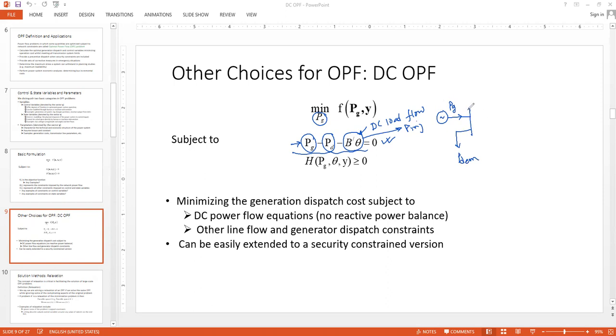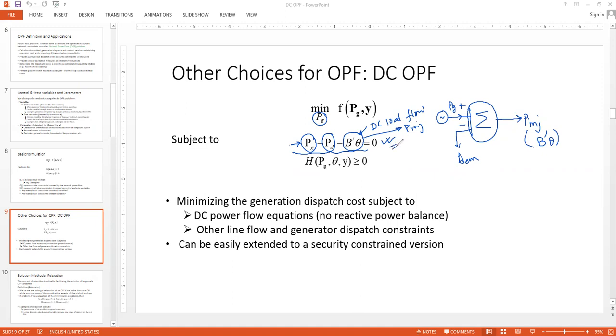If I do it like a summing junction, this is plus, this is minus. So the output of the summing junction will be my P injected. For DC load flow, this P injected is nothing but B prime theta. So I'm looking for this balance in this equation. So that is my equality constraint.